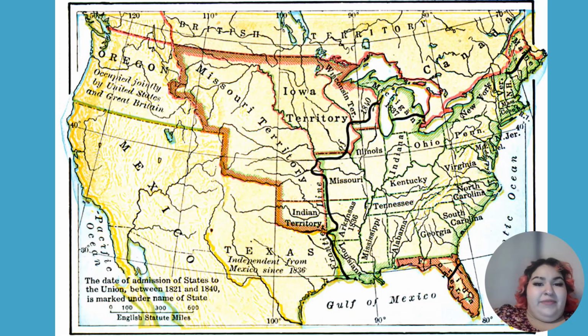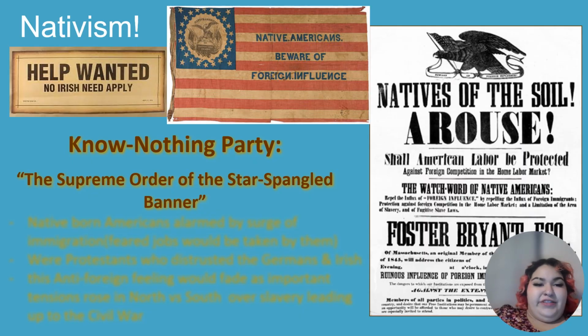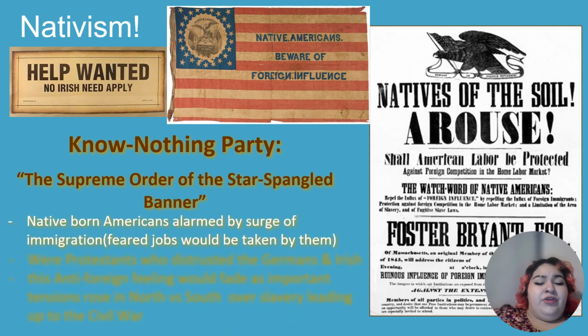And that belief system is going to be known as nativism. Right? Now, the nativists, they are going to be, again, alarmed by this huge surge of immigration, right? They're going to the point that they are going to fear that these immigrants are going to come to this country to take their jobs from them, right?